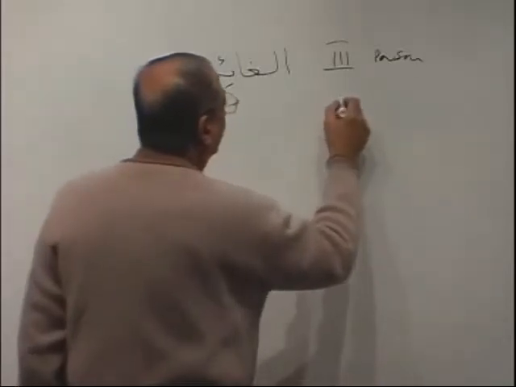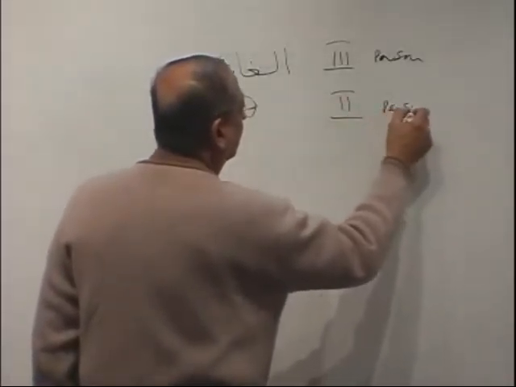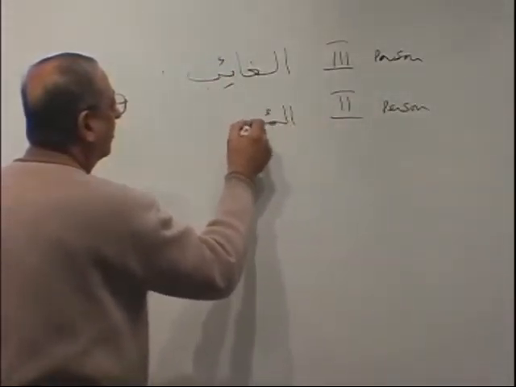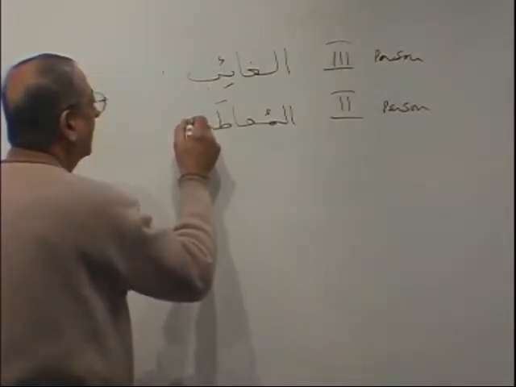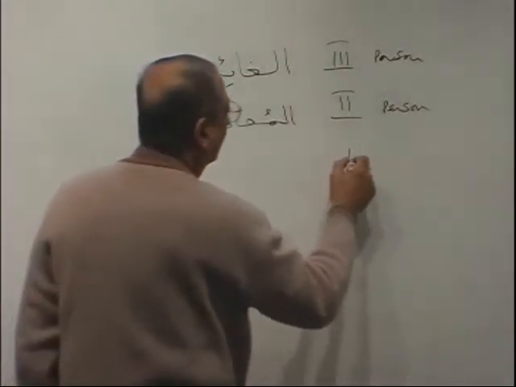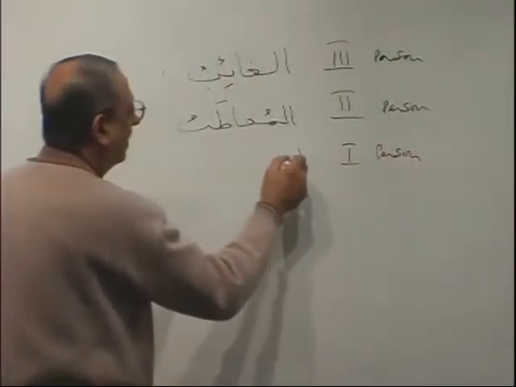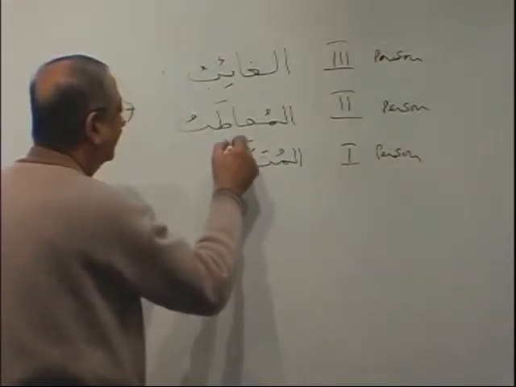Al-Ghaib. Second person, what will you say? Al-Mukhatab. Remember, not T but Tib. And then first person, Al-Mutakallim. Here it is Kasra.